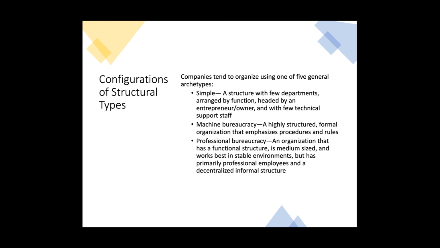And of course, that is a fast-moving young company with, quite frankly, not a whole lot of complexity, maybe not a whole lot of employees, and therefore you can get away with a simple structure, right? It's relatively self-explanatory.